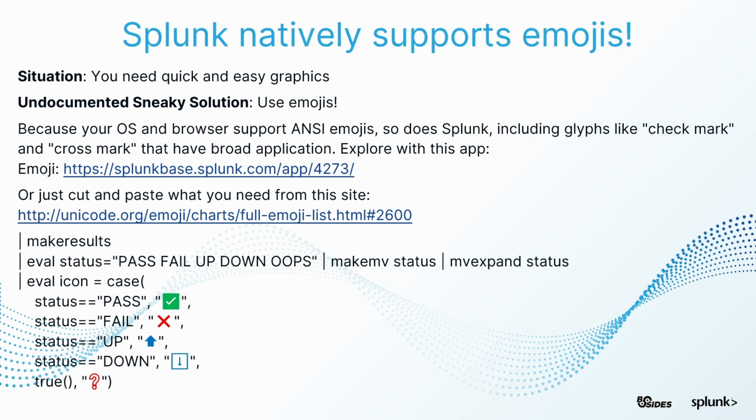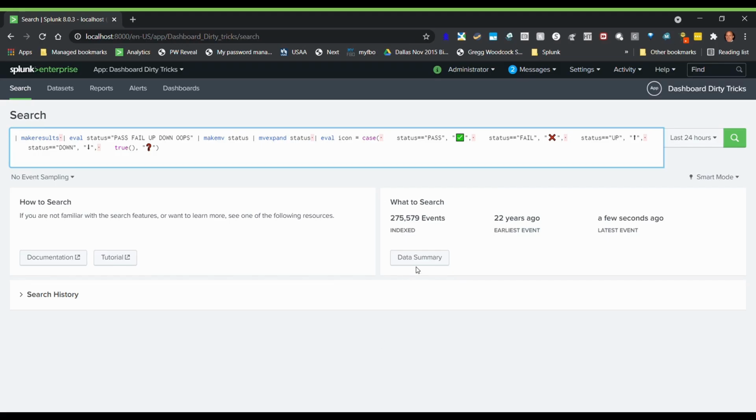You can just copy that icon and paste it into that eval statement, and it will just show up with that icon. You can do a table and just have that emoji, and get a quick at-a-glance view of what's happening. And if you want to see more, you can check out the emoji app.